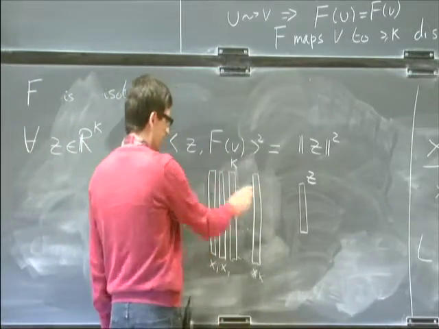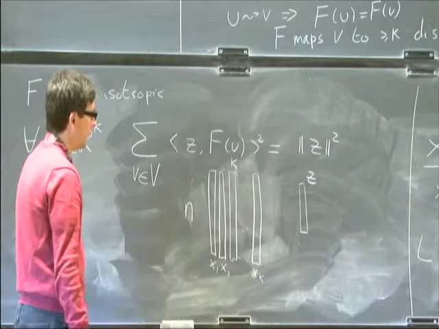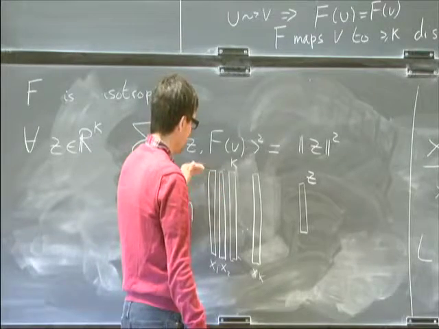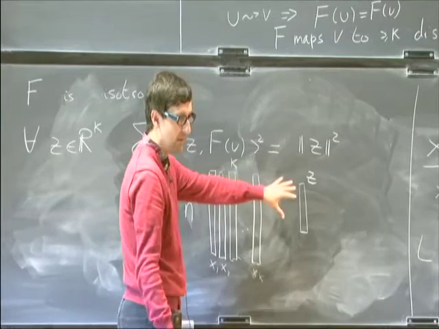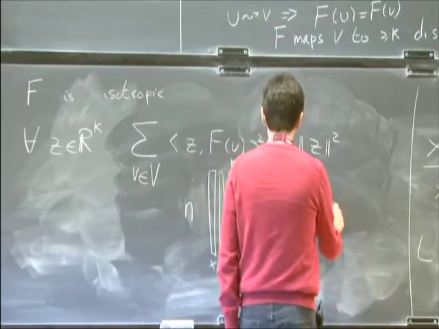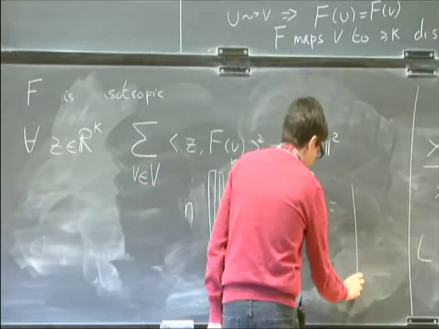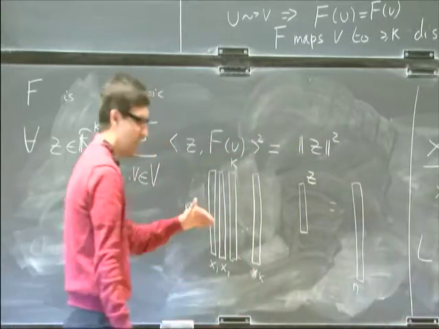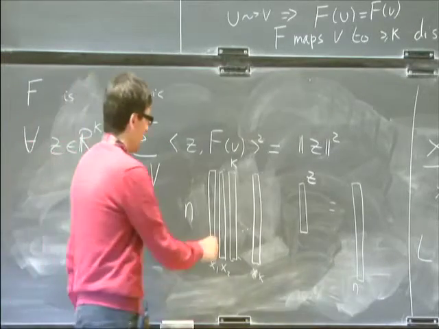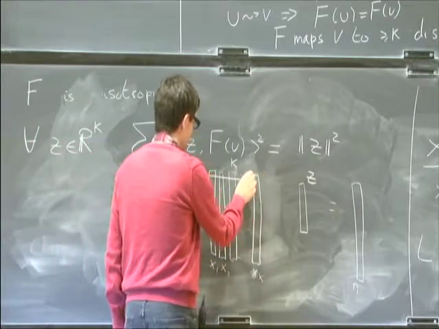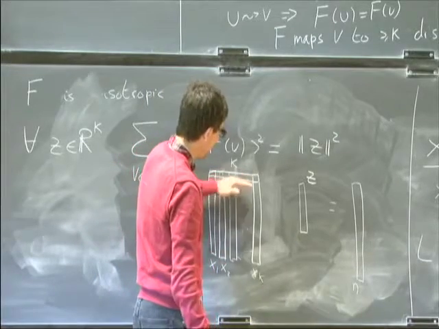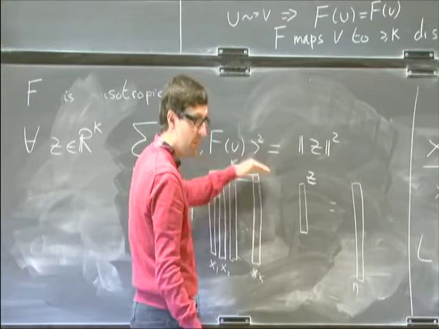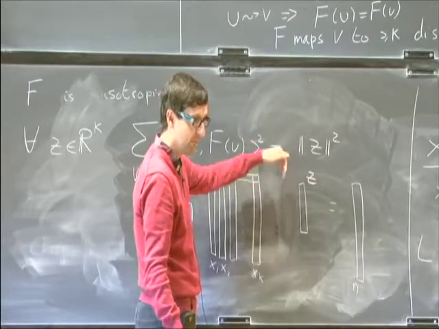Then the rows are the vertices. When we multiply this matrix by z, we are going to get an n-dimensional vector, and this vector is going to be the collection of all the inner products of our images of vertices with z.